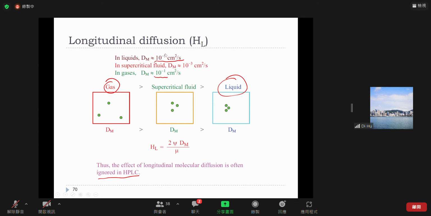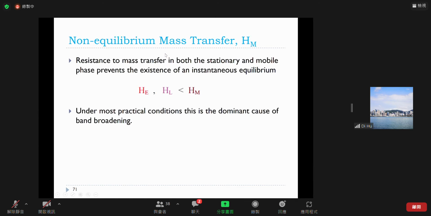So how about the third factor? The third factor is called non-equilibrium mass transfer. What does that mean? Remember, separation is based on what? On the distribution of the analyte between the stationary phase and the mobile phase, right?